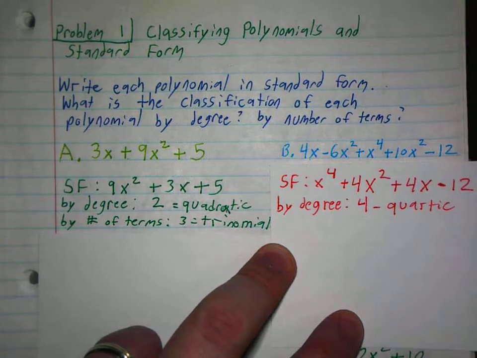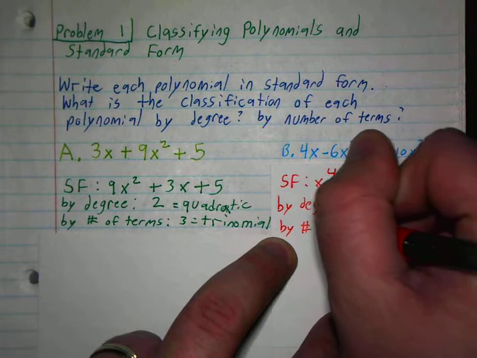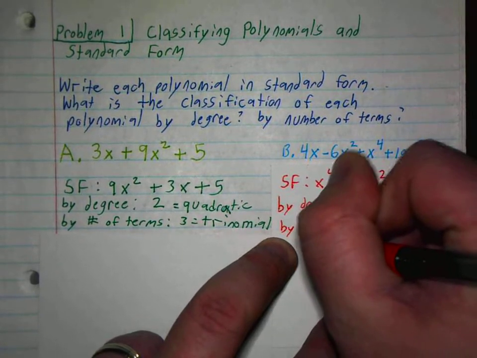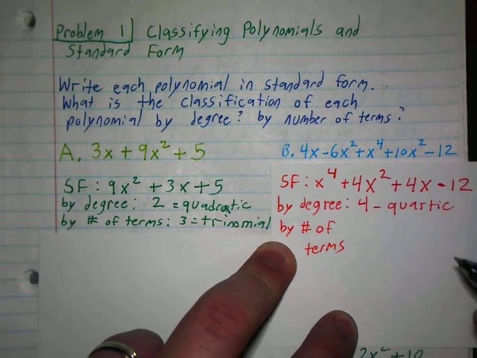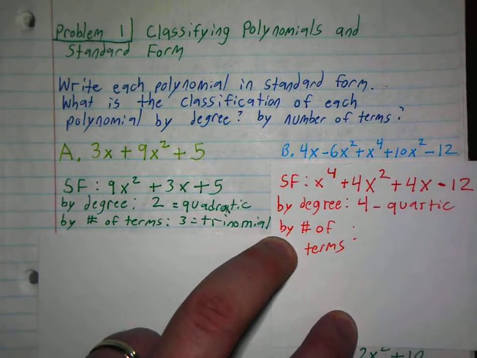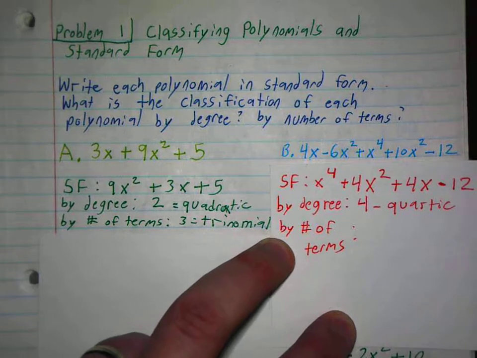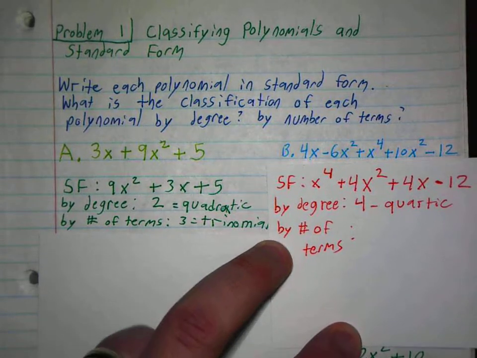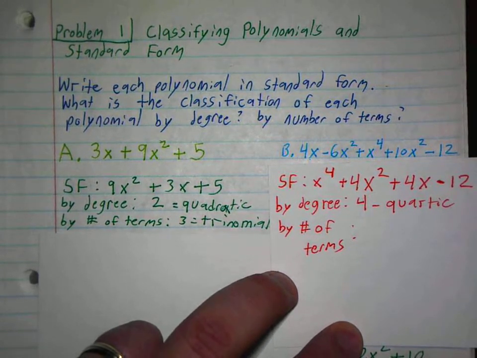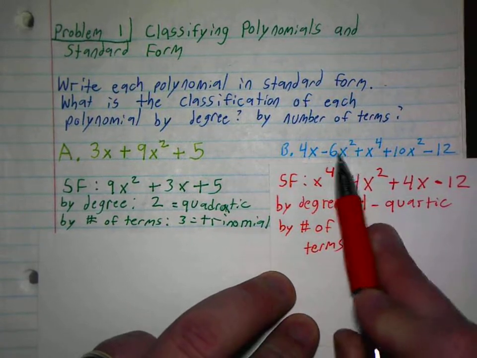And then by number of terms, by hashtag of terms, right? I always call it number. When I grew up, that meant number, it didn't mean hashtag. So number of terms, there are 1, 2, 3, 4, 5.